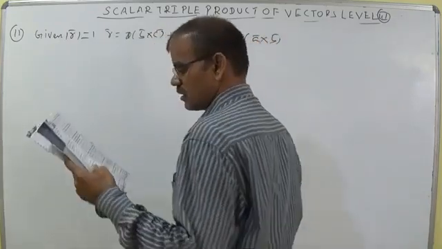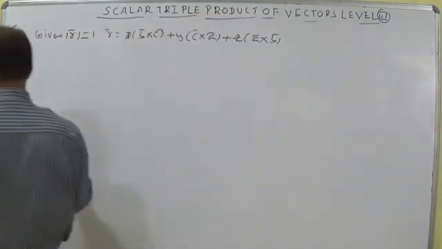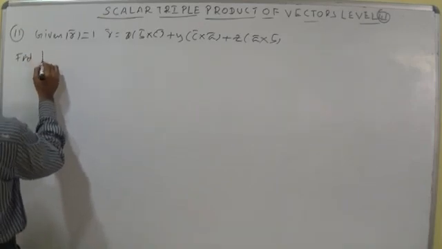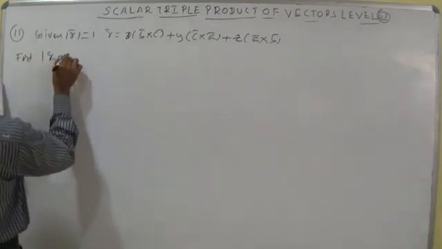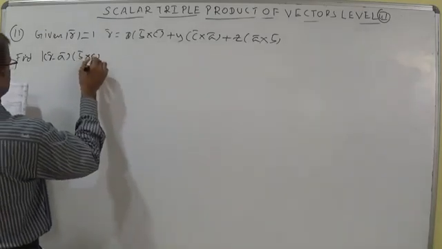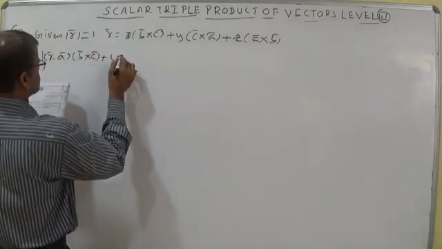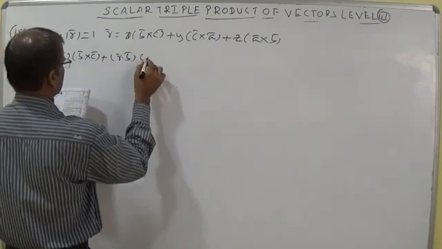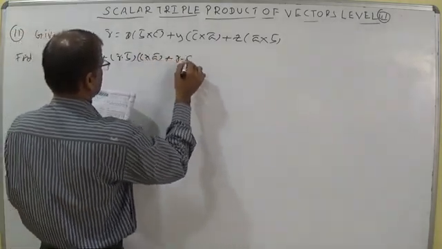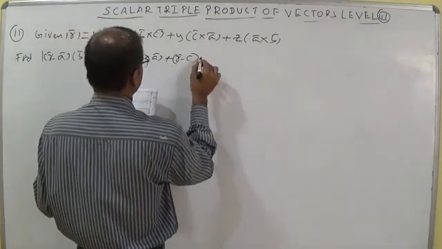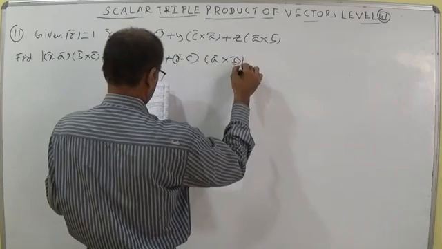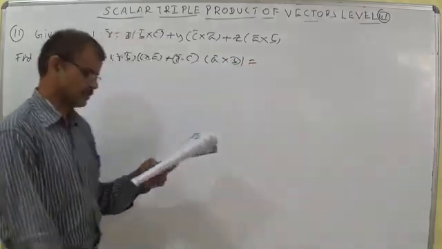Then find the value of modulus of R bar dot A bar into B cross C plus modulus of R bar dot B bar into C cross A plus R bar dot C bar into A cross B, equal to dash.